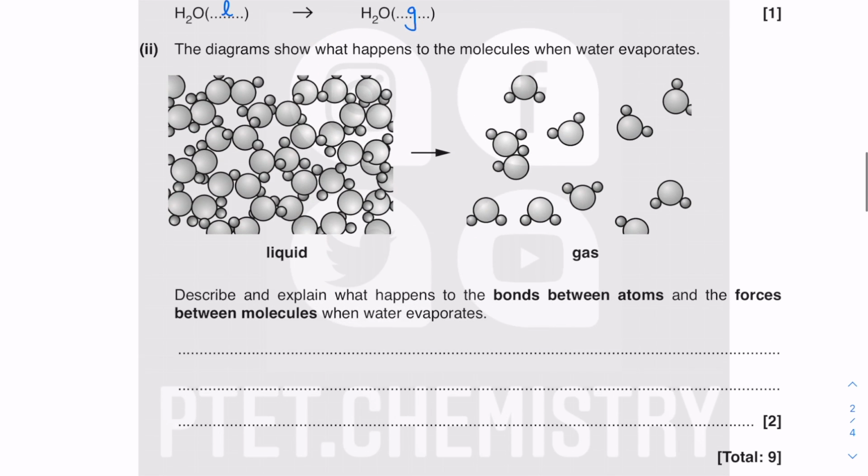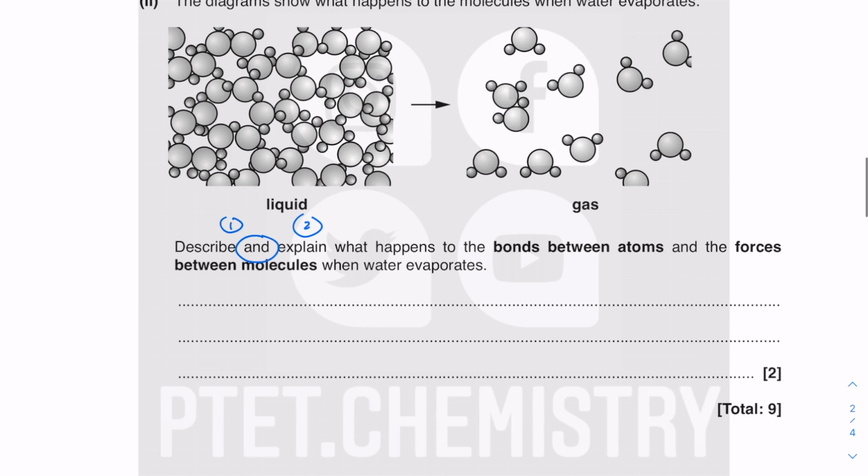This diagram shows what happens to the molecules of water when water evaporates. From liquid to gas, describe and explain what happens to the bond between the atoms. This is the covalent bond, because you would have learned water has this structure with this displayed formula where each of these is a covalent bond.